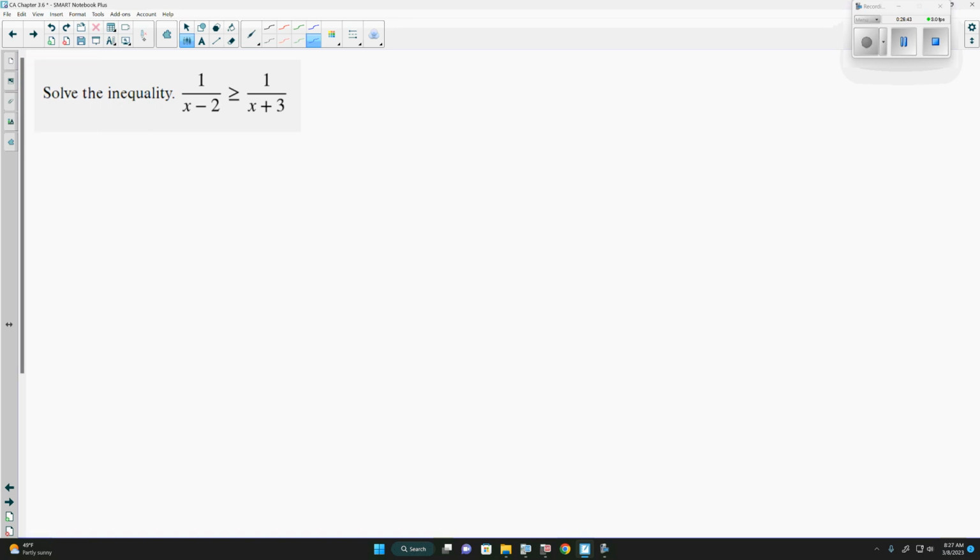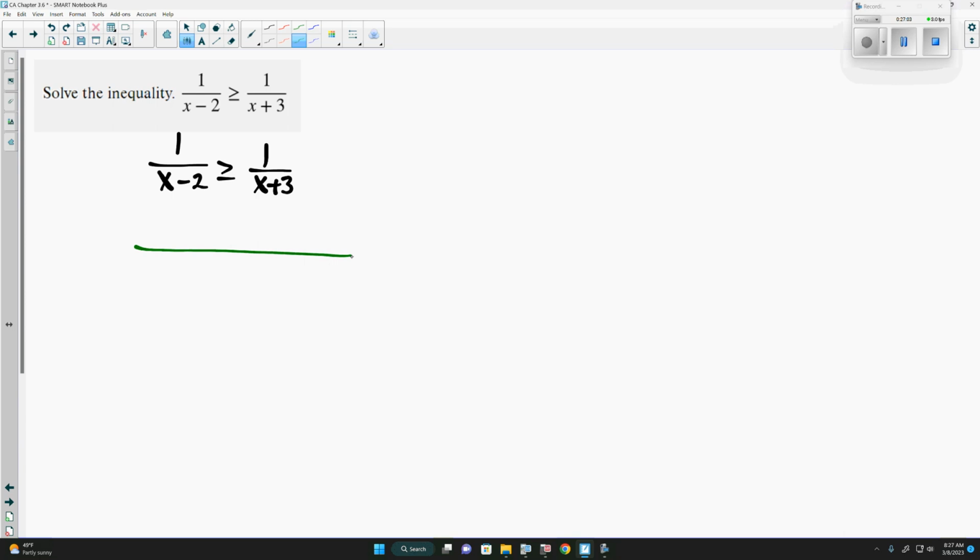Interestingly enough, the last one that we're looking at is this one here. So this one here, we do have two inequalities. And the best thing to do with these to start off with is to get them equal to 0, or get one side to be 0.